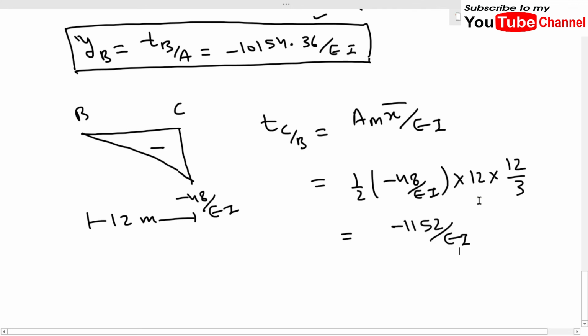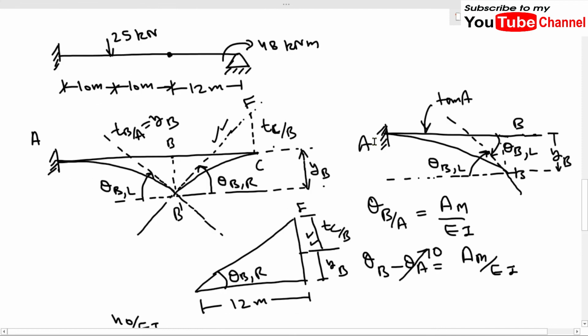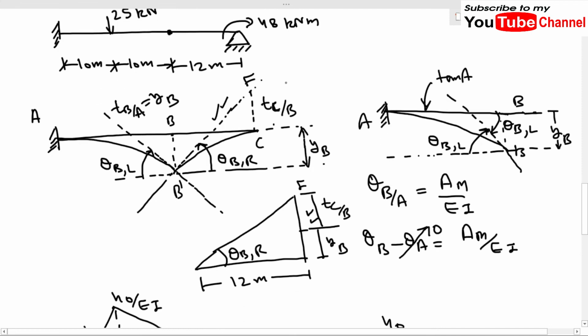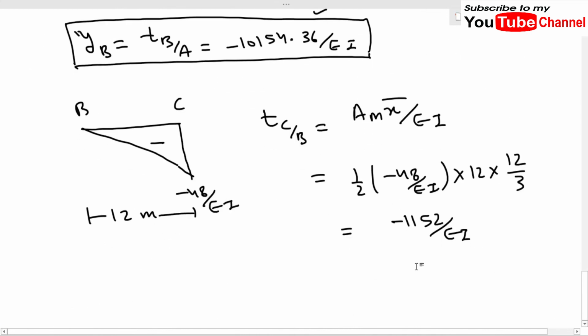Okay, as I have drawn in this triangle, or as you can see from the main deflected figure, theta B right will be equal to TC over B plus YB upon 12. Okay, so let me just put the values.